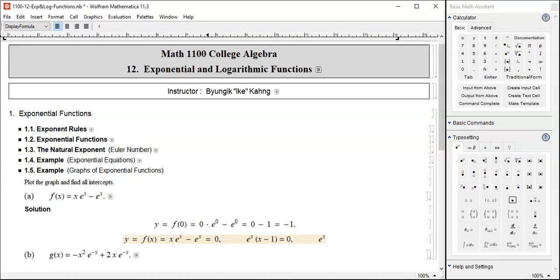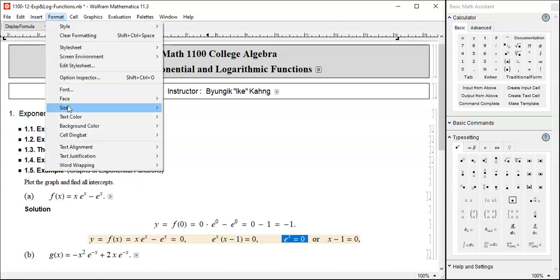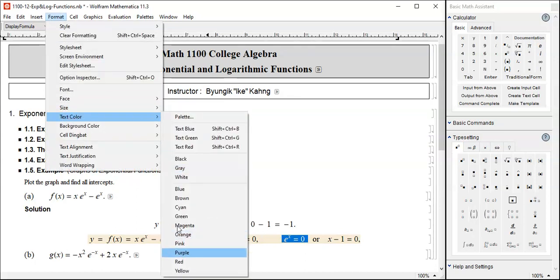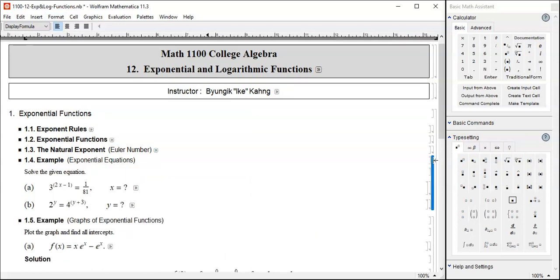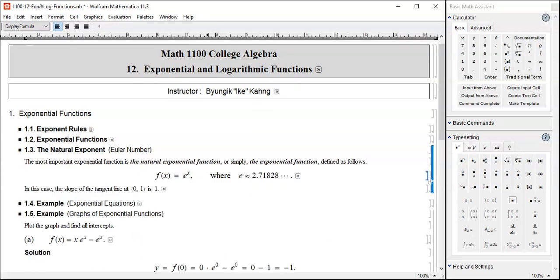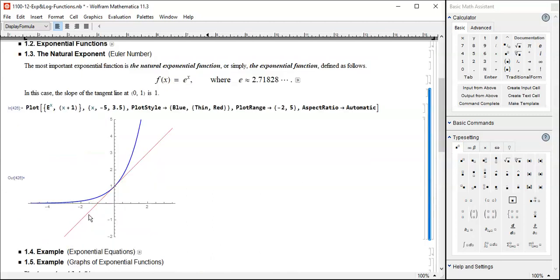Therefore, the first factor is equal to 0, or the second factor is equal to 0. But the first factor, e to the x equal to 0, that never happens. Where's the graph of the exponential function? Here. It looks like this.